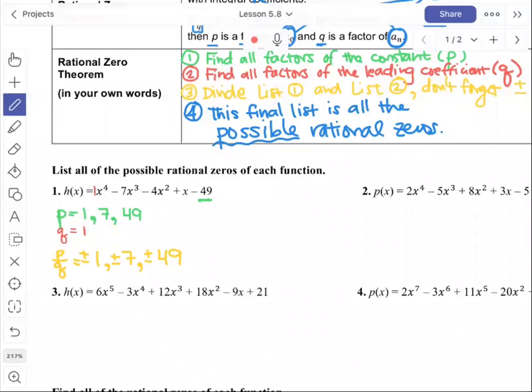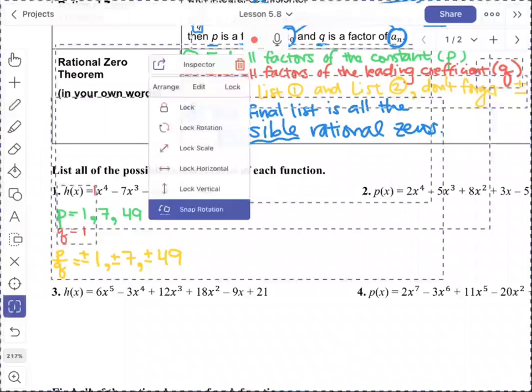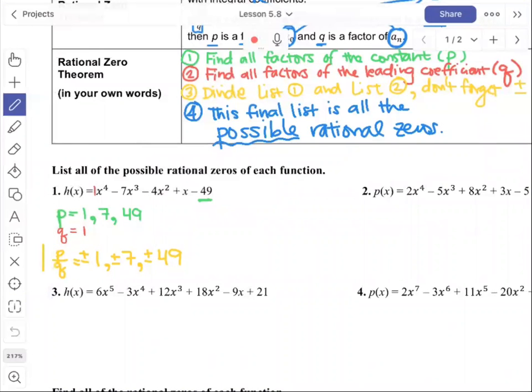Okay. So this list right here, P over Q, is the list of all possible rational zeros of the function.